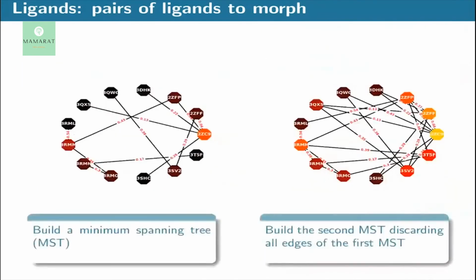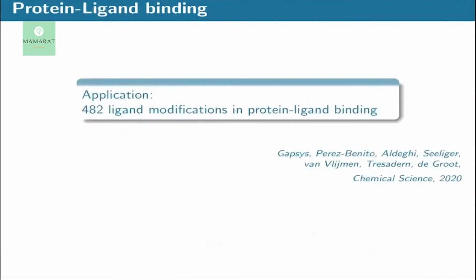Subsequently, this distance matrix can be transformed into a minimum spanning tree, or several trees, so that we would have redundancies in the library.